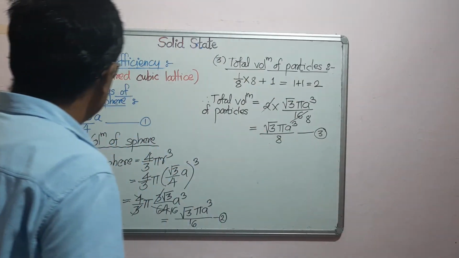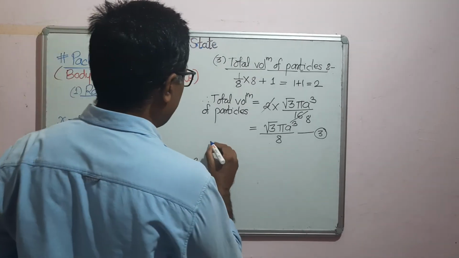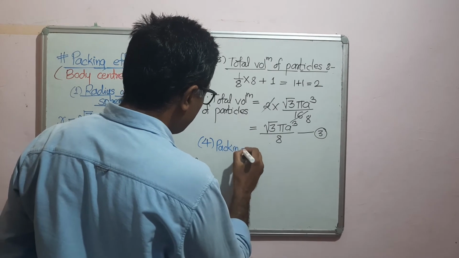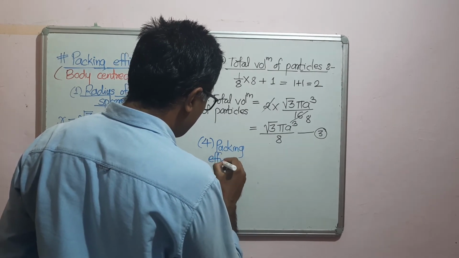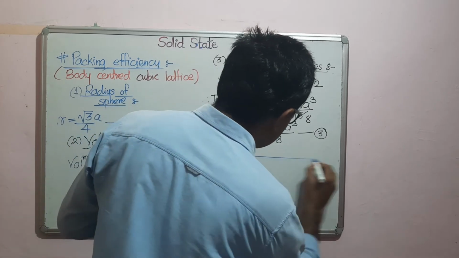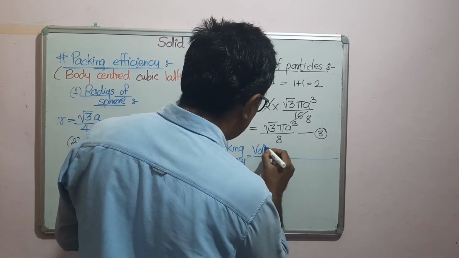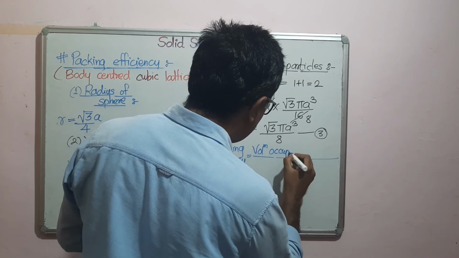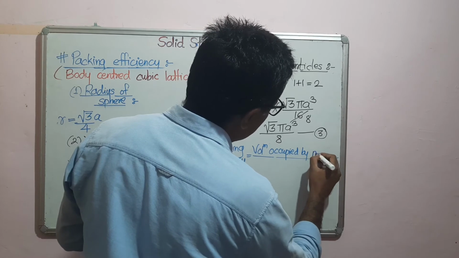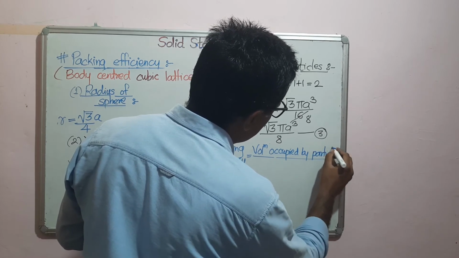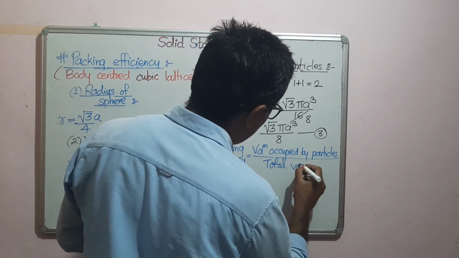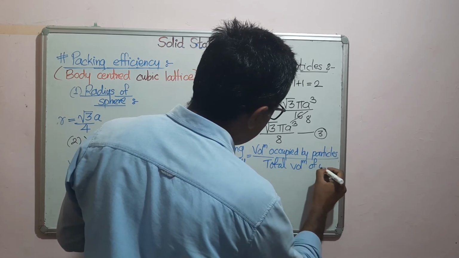And finally you have the step number 4, and that is packing efficiency. So what is the formula for packing efficiency? So packing efficiency is equal to volume occupied by all the particles divided by total volume of unit cell.